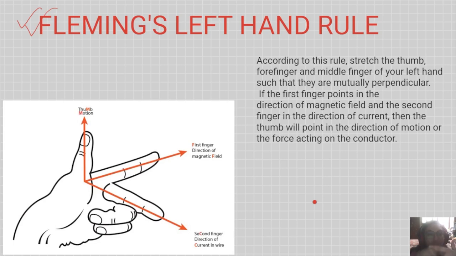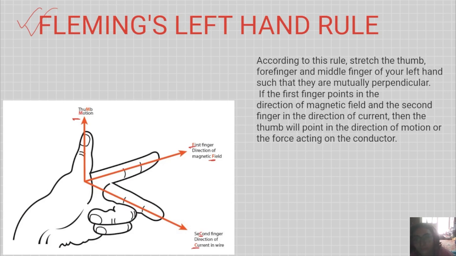Okay, so this is Fleming's left hand rule. The thumb is for the motion, the first finger is for the magnetic field, and the second finger is for the direction of the current in the wire. So you can remember it by a mnemonic: the word thumb has the letter M in it, so M for motion, F, first finger, for magnetic field, and second finger for direction of current in the wire.